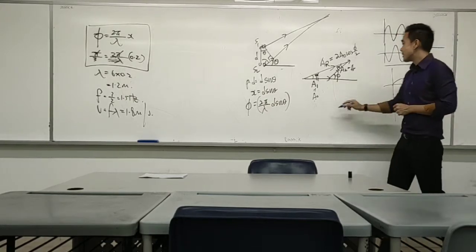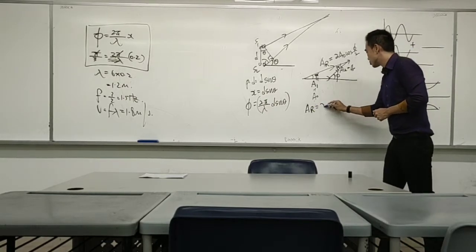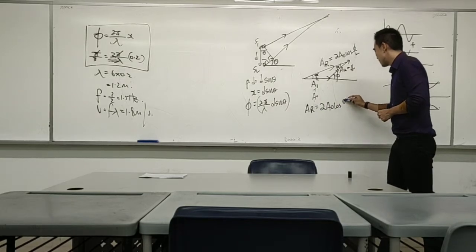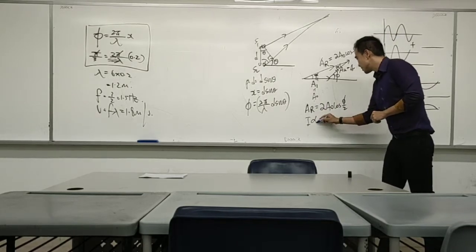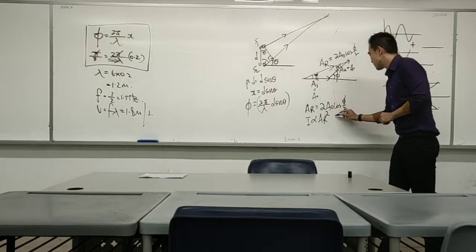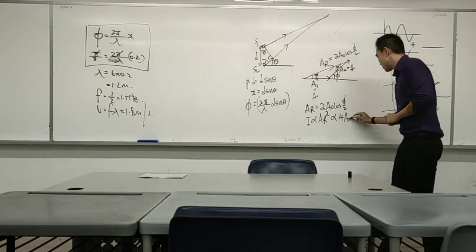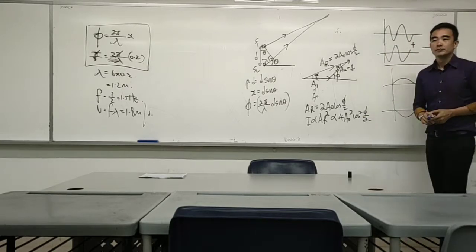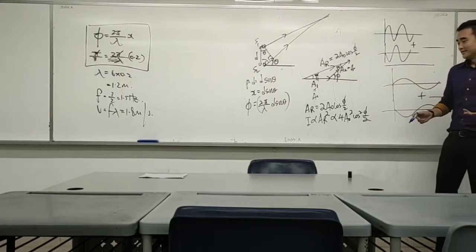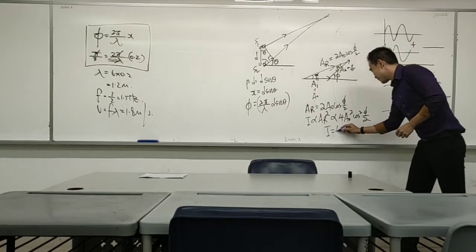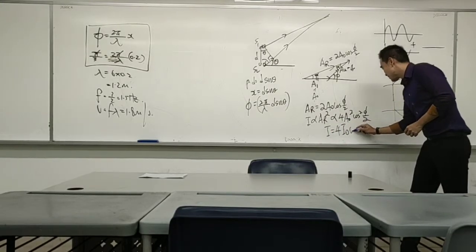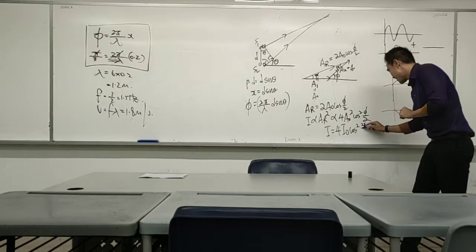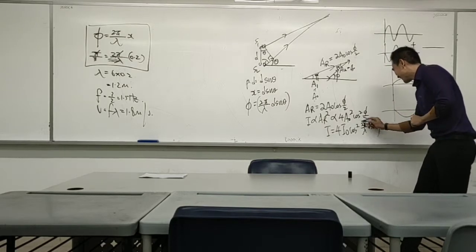Which means the resultant amplitude is 2 A naught cos phi upon 2, which means the intensity, which is proportional to A R squared, is proportional to 4 A naught squared cos squared phi upon 2. So I equals 4 times the intensity of each of them, cosine squared of 2 pi upon lambda d sine theta.